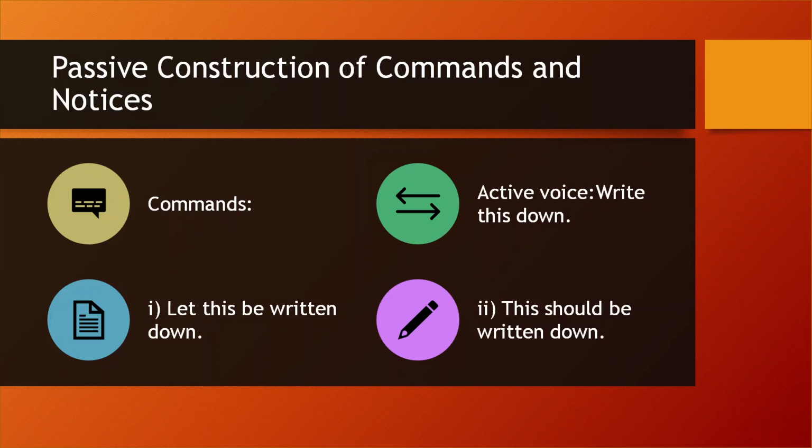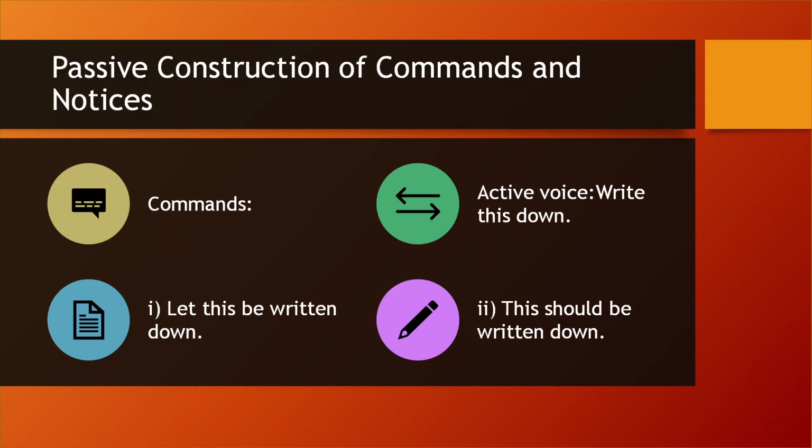So in the first sentence, it begins with let, followed by the object of the sentence, this. So the structure is let plus passive subject, that is object, plus be plus past participle of the main verb.